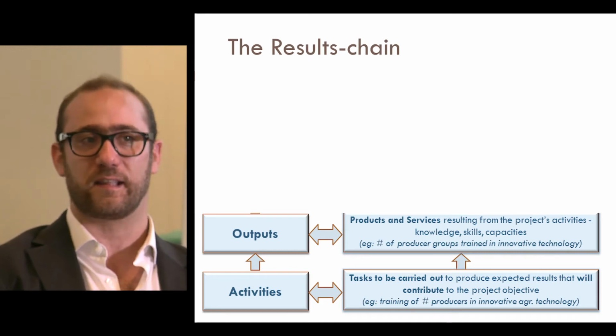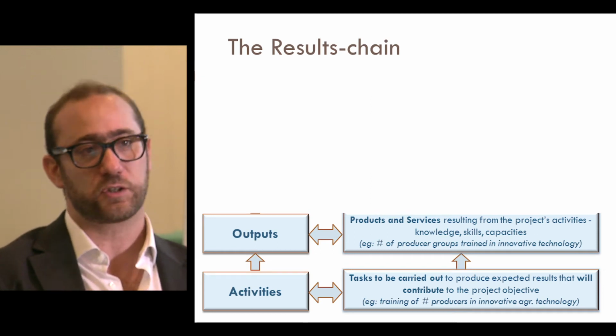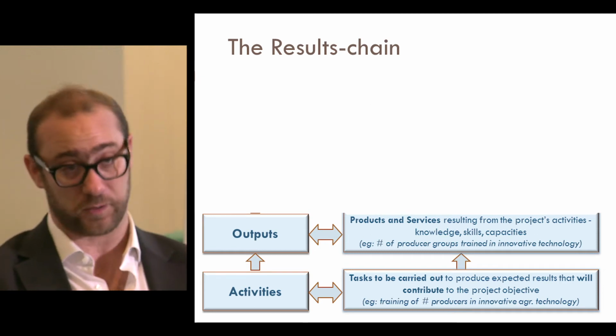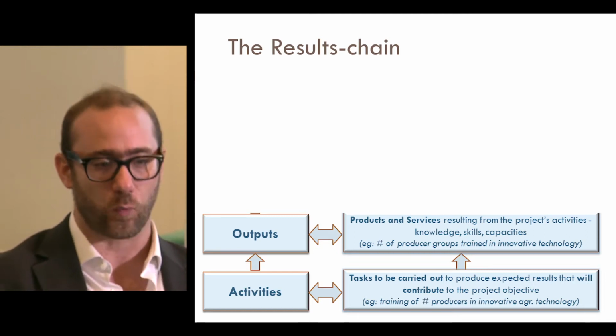And that means that if they are using them, they are changing their behavior. And if they're changing their behavior, there is a good chance that some change in society will happen.